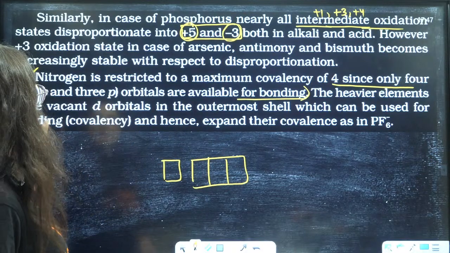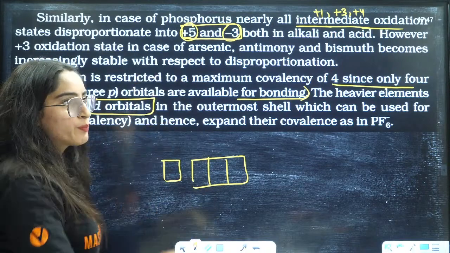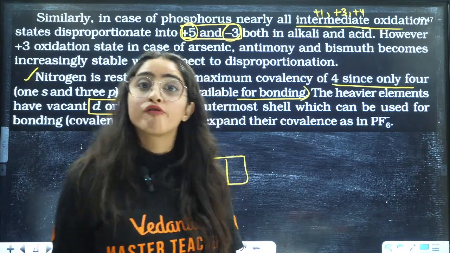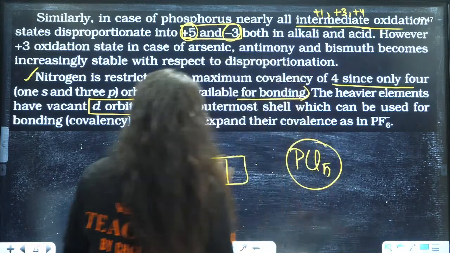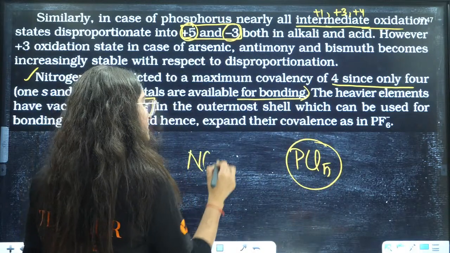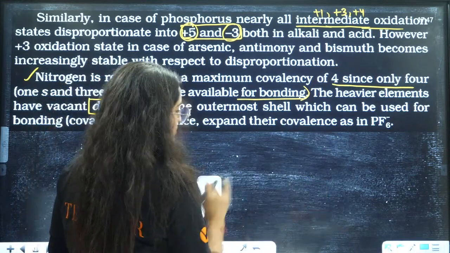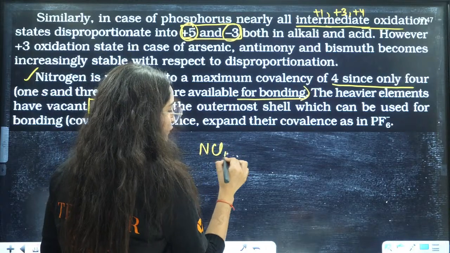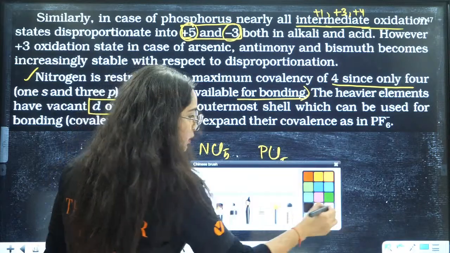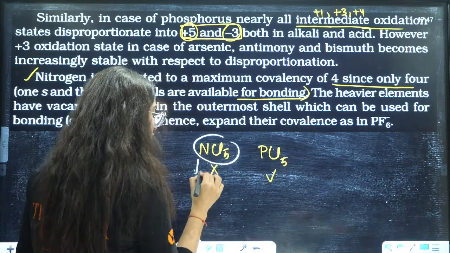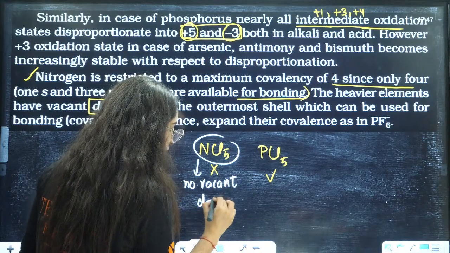The heavier elements have vacant d orbitals. As we go down the group, phosphorus exists in PCl5. Can you tell me why? Nitrogen, NCl5 does not exist. PCl5 exists. Why? Because nitrogen has no vacant d orbitals.